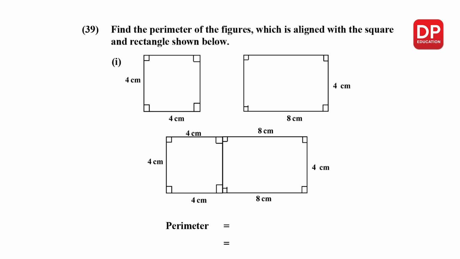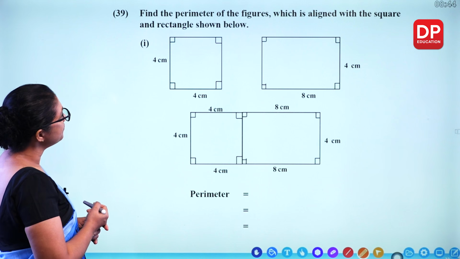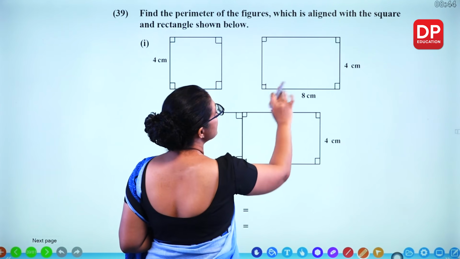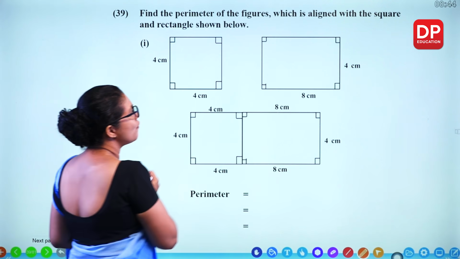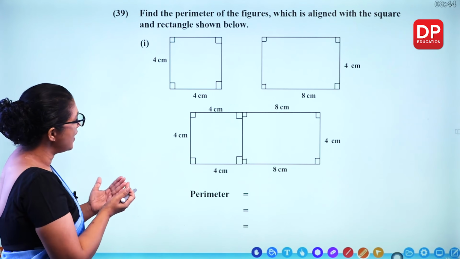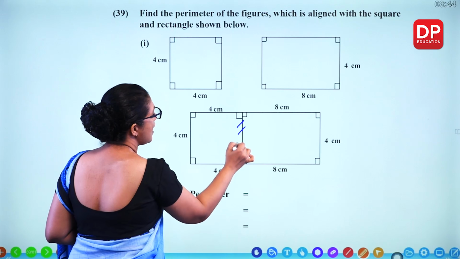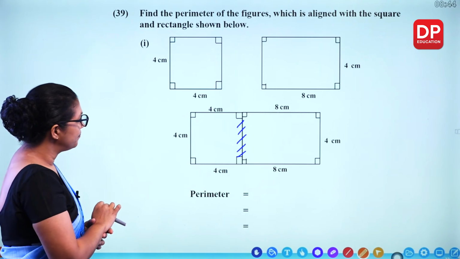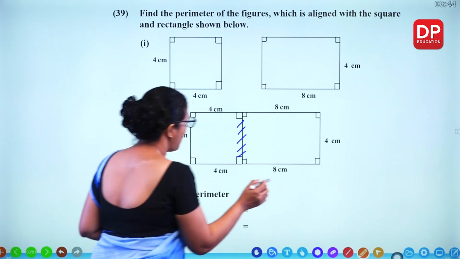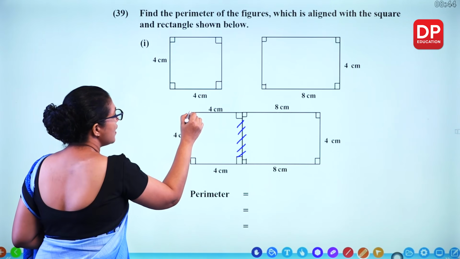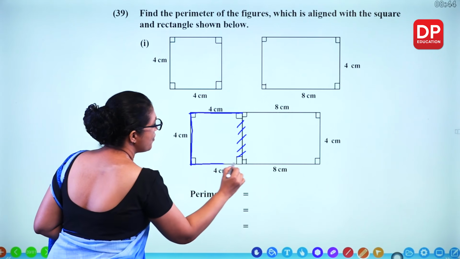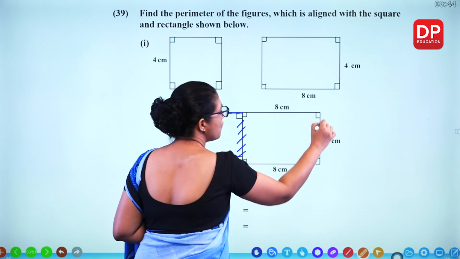Find the perimeter of the figure formed by the square and rectangle shown below. This is a square with length 4, rectangle length 8 and breadth 4 centimeters. So they combine, and you can't take the inside length for perimeter, only outside boundary. So we'll take how many sides of 4? 1, 2, 3 and 4.